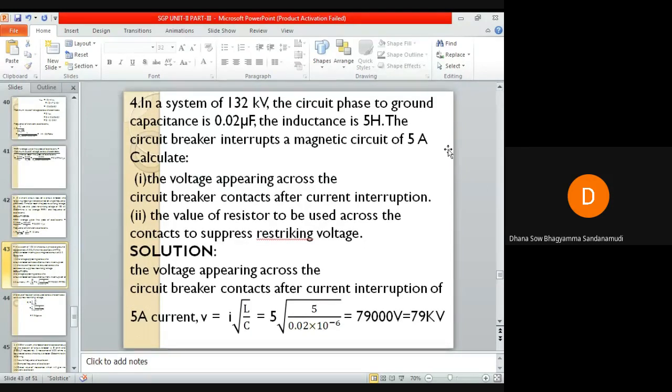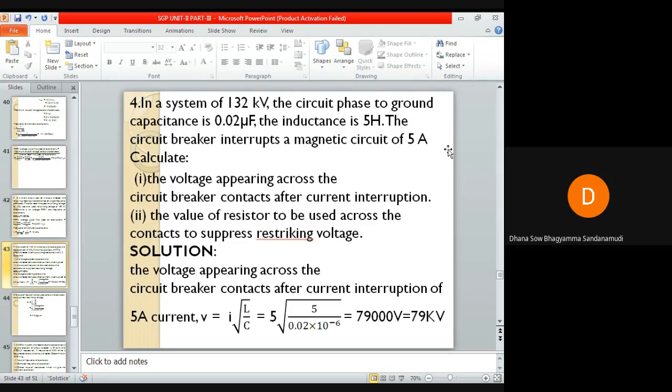Okay. So next problem. It is similar to your first problem, it seems. In a system of 132 kilovolts, the circuit phase to ground capacitance is given, that is 0.02 microfarad. Inductance is 5 Henry. The circuit breaker interrupts a magnetizing current of 5 amperes.